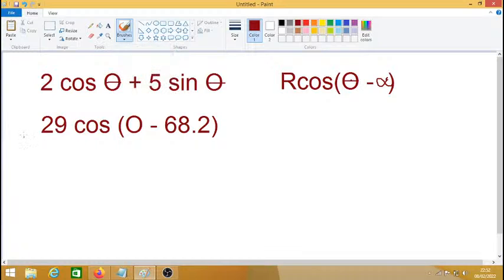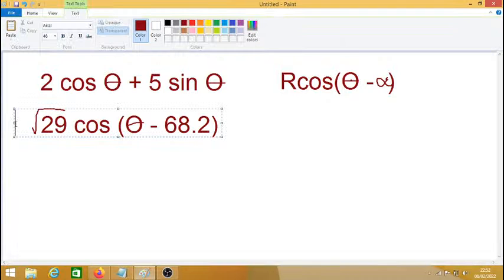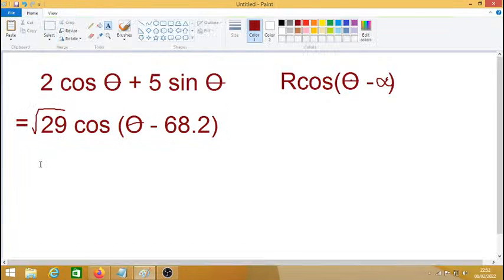So let me just say that again: root 29 times cos(theta minus 68.2 degrees). So everything in the top line can be rewritten as the bottom line.